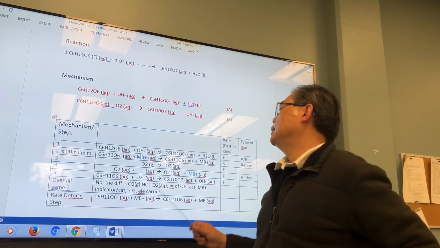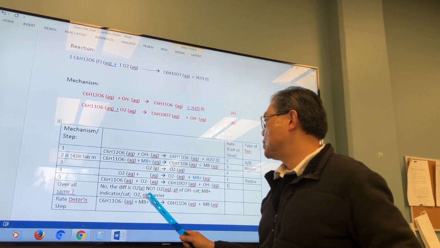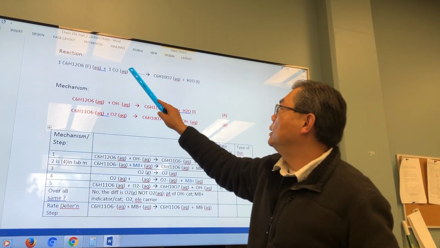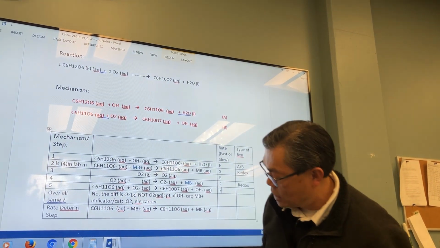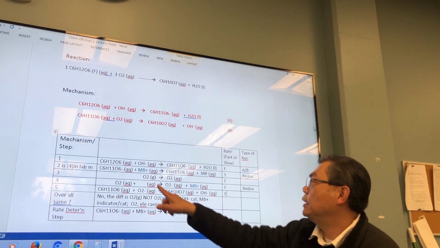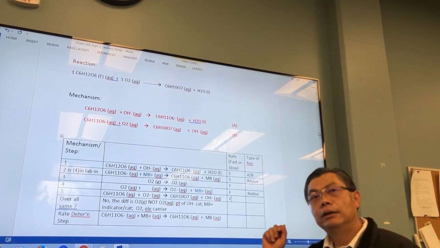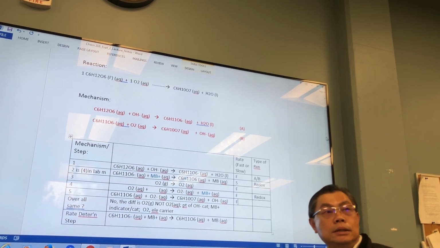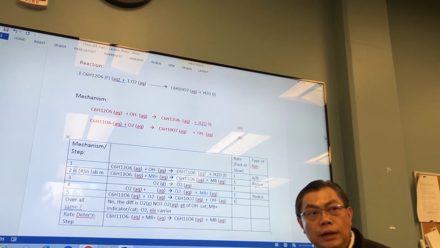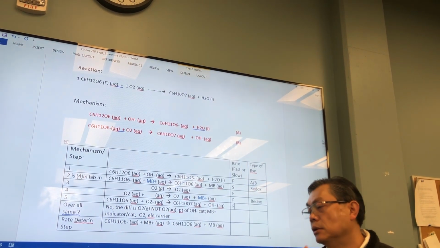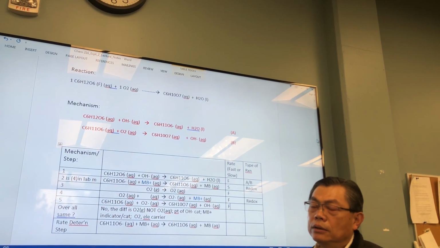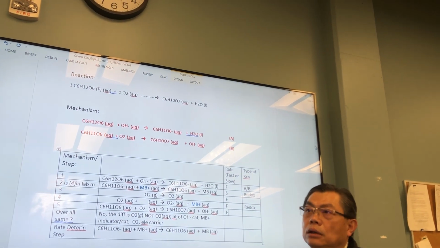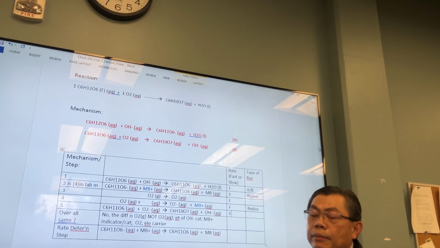But is that okay? Yes, because this way is the oxygen gas, so we can shake it and dissolve the oxygen gas back into the aqueous, and then you cycle the reaction again. So you can start the reaction timing again.